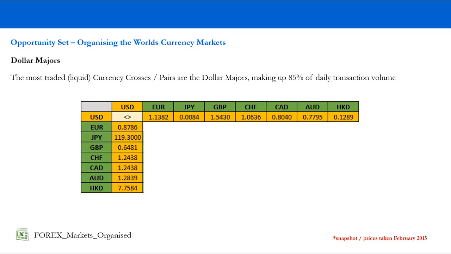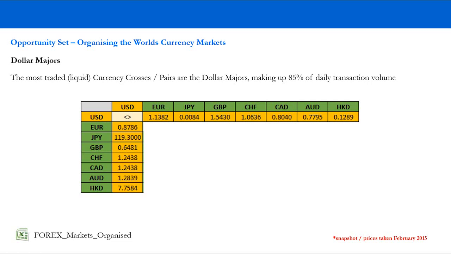The dollar majors are termed majors because they're all the major currencies quoted against the US dollar. And these make up 85% of daily transaction volume in the Forex markets globally. When you look at the major currencies, so we look at the euro, yen, sterling, Swissy, Canadian, Aussie dollar, Hong Kong dollar, against the US dollar, these are the ones that make up the vast majority of daily transactions.